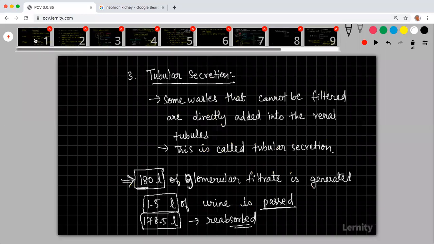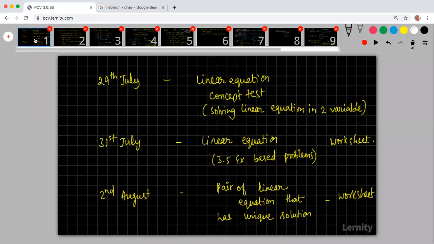You want the first slide? So I'm showing the first slide again. Ninth slide.